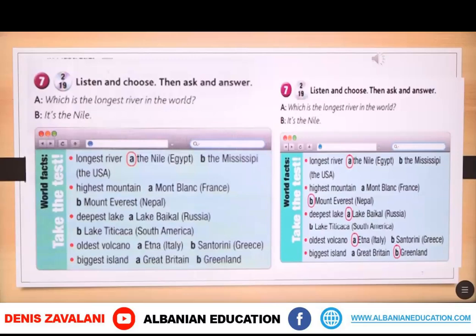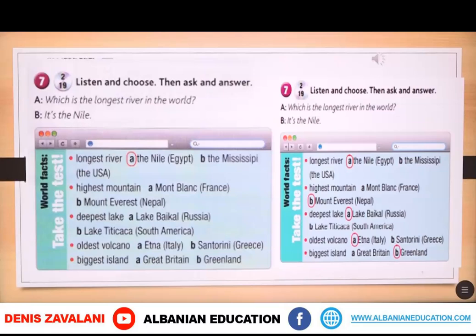Unit 5, Students' Book, page 53, Exercise 7. Listen and choose, then ask and answer. Are you ready for the geography test, Sophie? I think I am. At least I know where Brazil is now. I'm not sure. I've got an idea. Let's do this online test. I ask, you answer, okay? Okay. Which is the longest river in the world, and where is it? That's easy. The River Nile in Egypt.